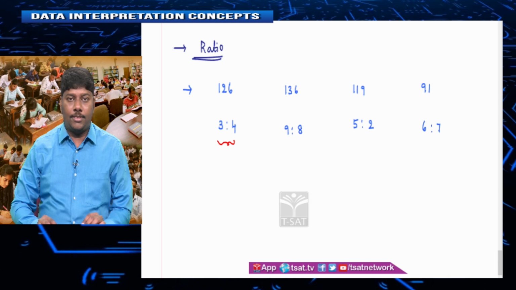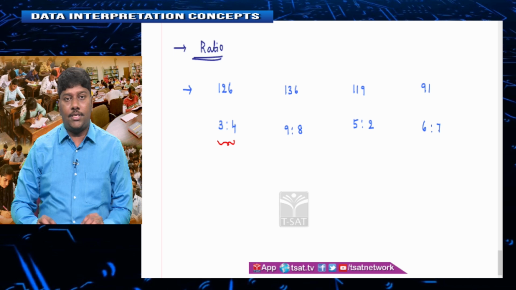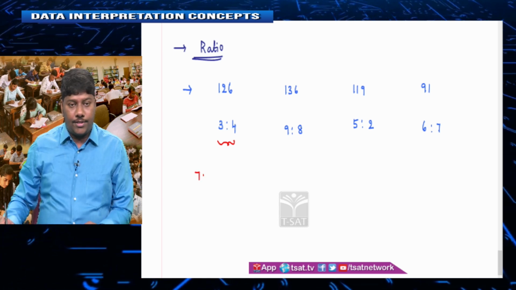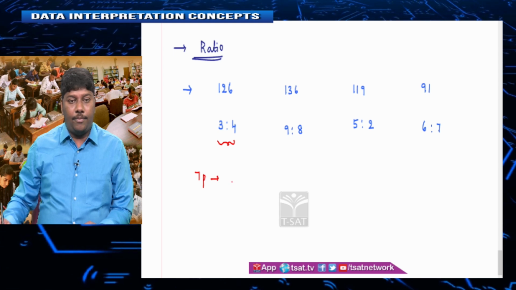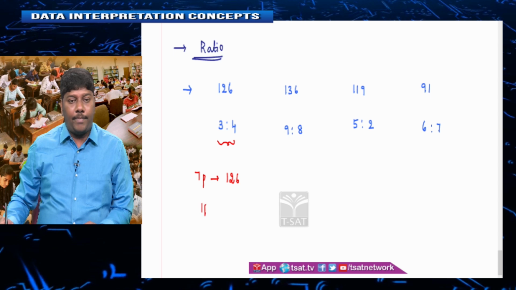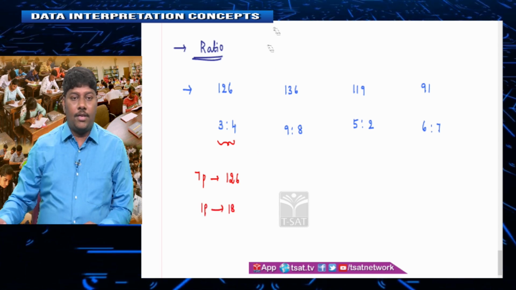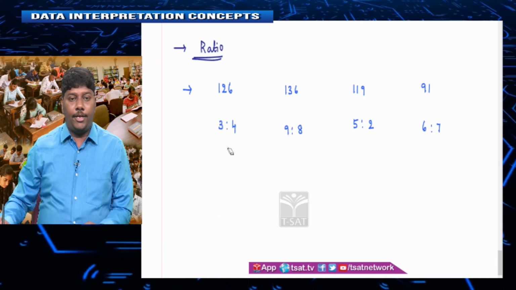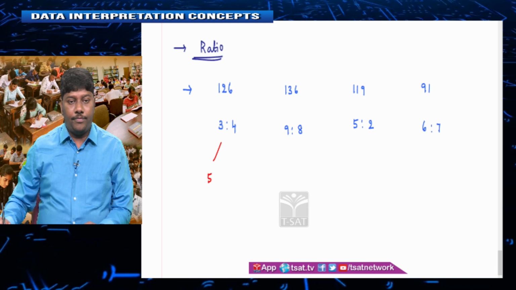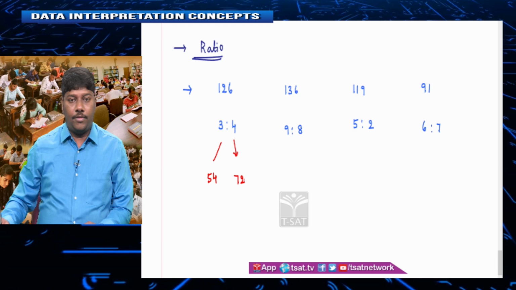The moment you look at 18 sevens, 7 parts is 126, therefore I can say each part is 18. In your mind, you should do this, not on the paper. One part is 18, I have to divide it into 3:4 ratio. 3 18s are 54. 4 18s are 72. So, this is how you must divide it.